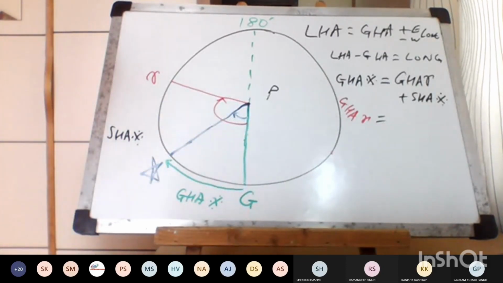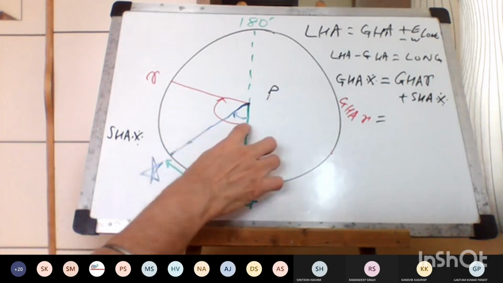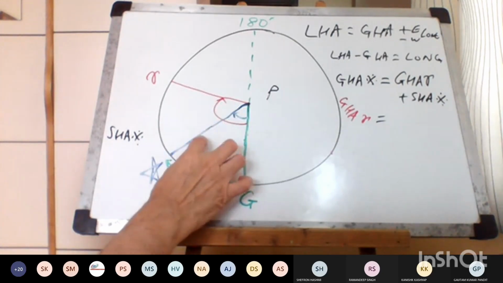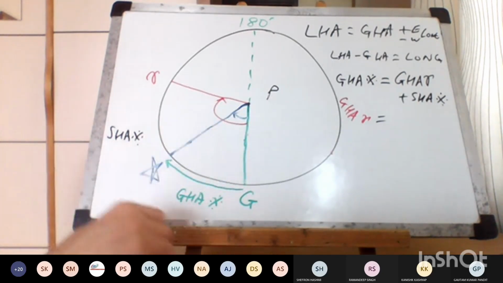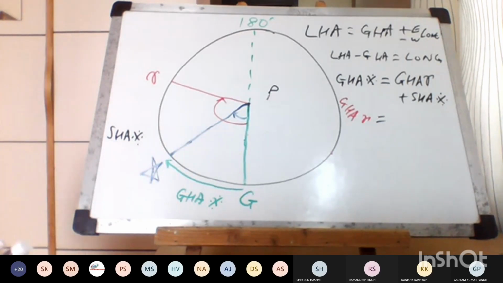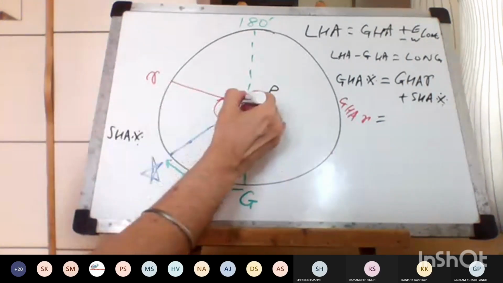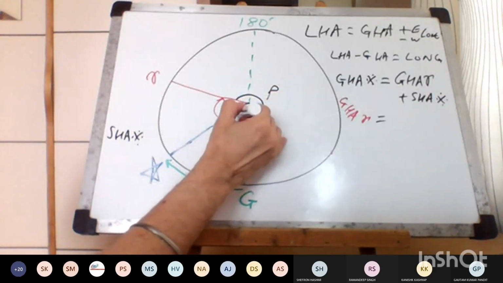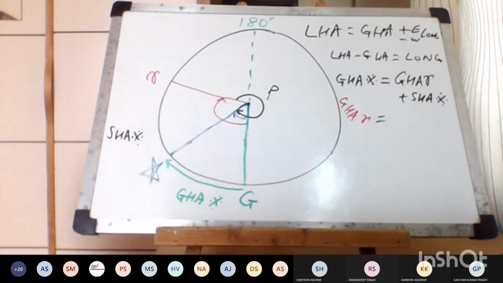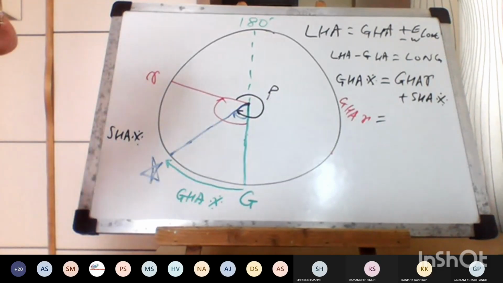The red one is GHA Aries, this is GHA star, and which is the SHA star, from where to where? Is it this? Yes, sir. It is this one, no?